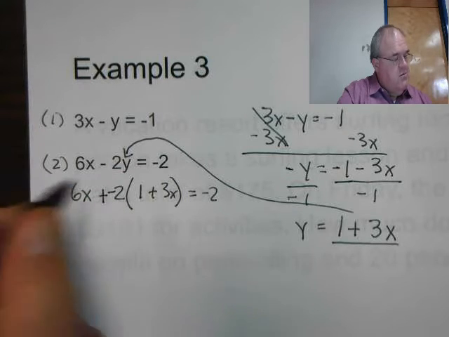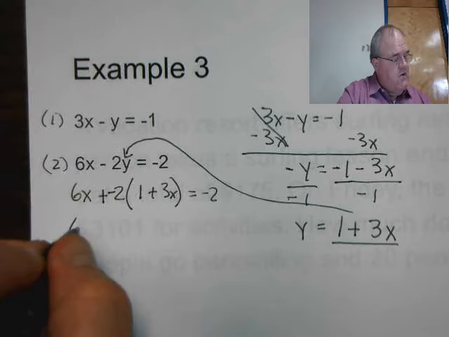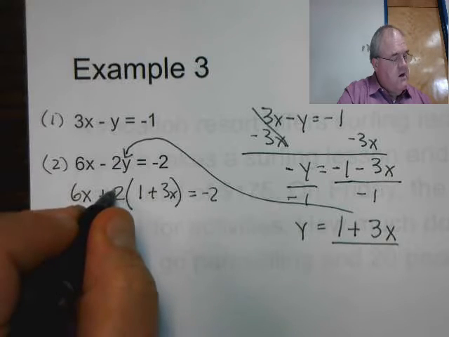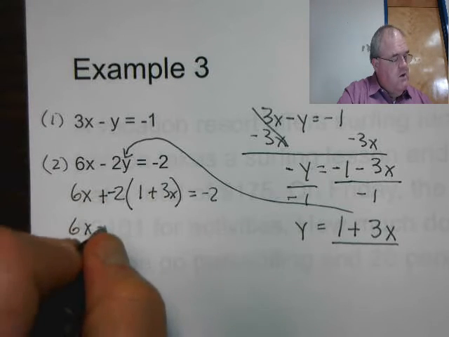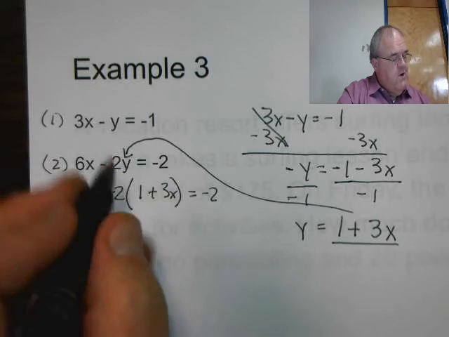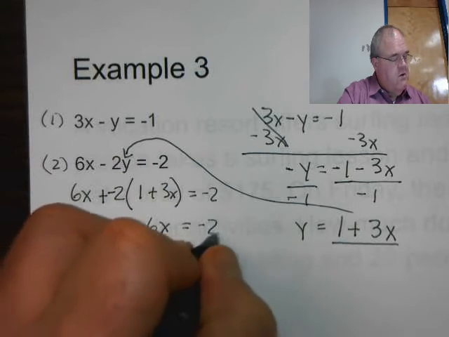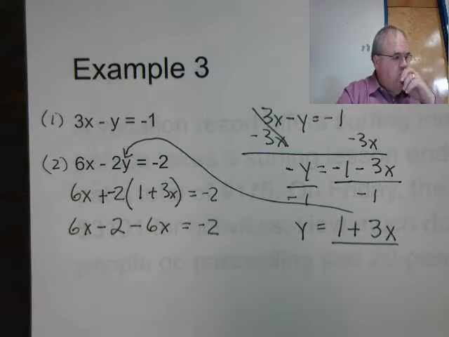So I'm going to change it to plus and negative. So I have 6x. Negative 2 times 1 is negative 2. Negative 2 times 3x is negative 6x equals negative 2.